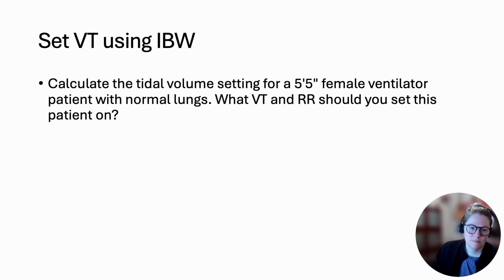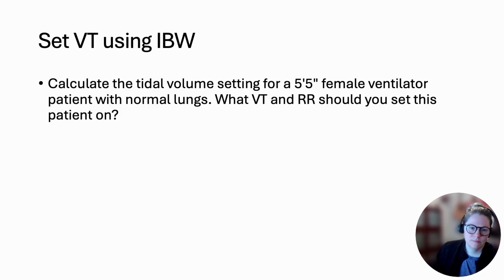All right, we got another tidal volume equation. So we are trying to get set tidal volume using ideal body weight. Let's go ahead and jump in. Calculate the tidal volume setting for a 5'5" female ventilator patient with normal lungs.